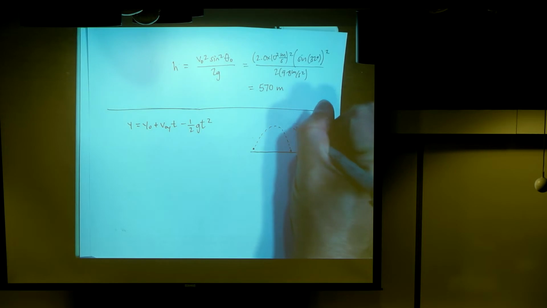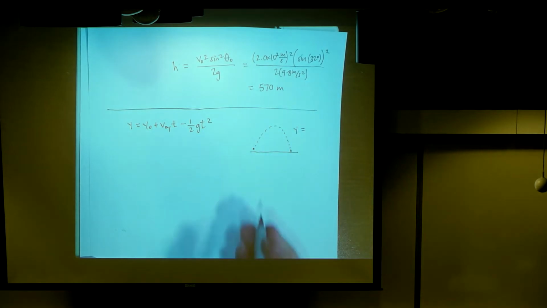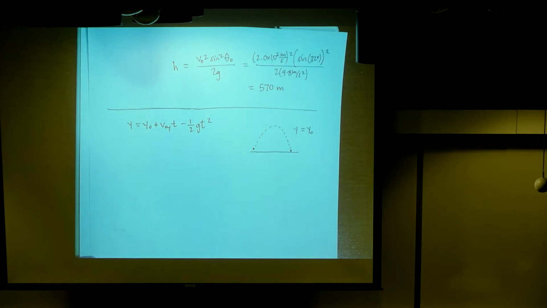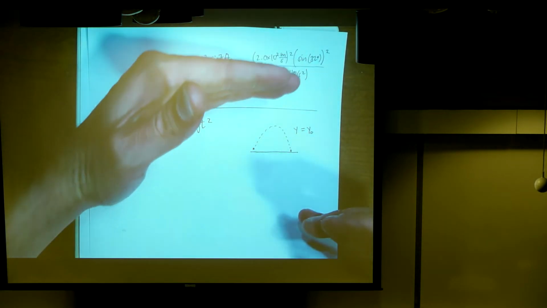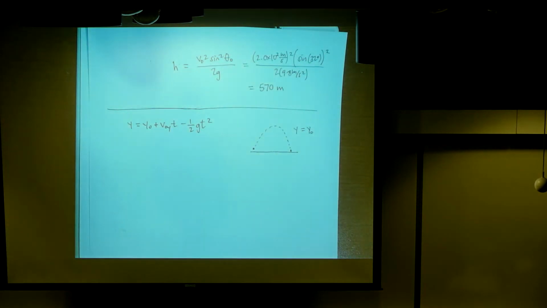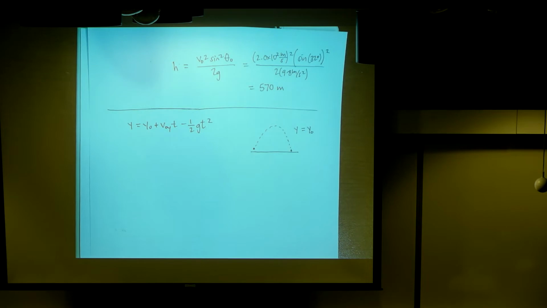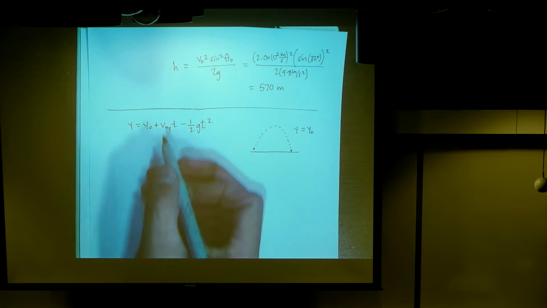And that means y, our final position in the y direction, is equal to y naught. So we don't end at a different height from where we started, we end at the same height where we started. Okay? And that means y and y naught that appear in the equation just cancel each other out.